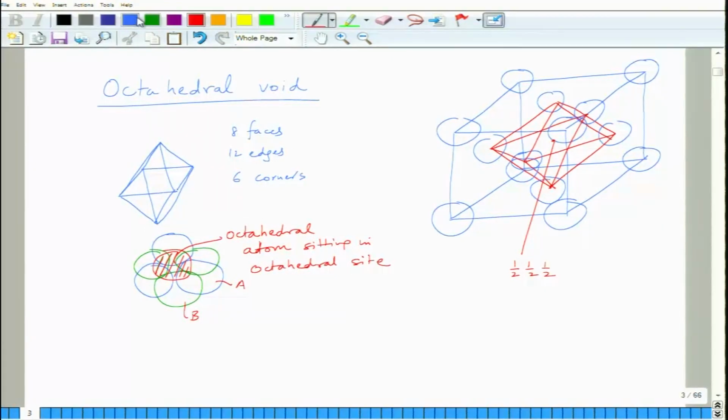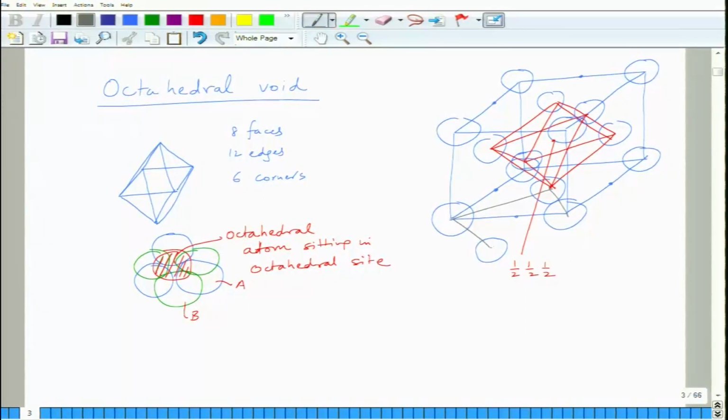Are there any other octahedral voids present in the structure? No, not on surfaces, on edges. So this will be one octahedral void, this is another octahedral void. So how do you form an octahedra here? If I use a different color, you will have an atom sitting here, somewhere here in the neighboring unit cell, right?